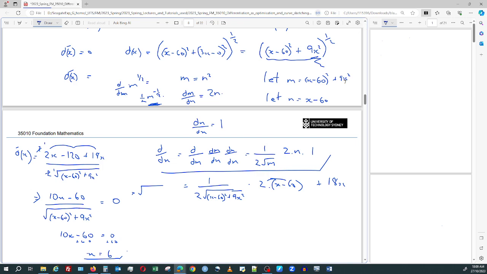Okay. Now, do you want to go and do the second derivative? So that's going to be quite complicated to go through without using numerical support. So what we might be better off doing is just testing a couple of values either side of 6.